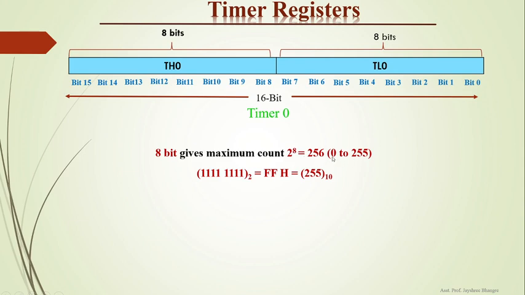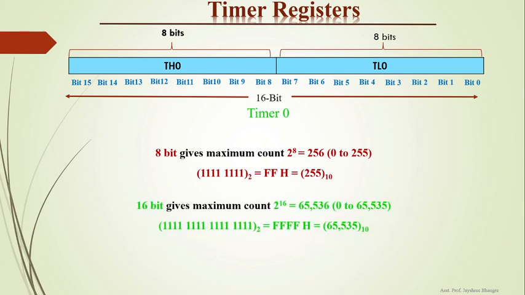That means it counts from 0 to 255. If we represent this maximum count, 255, in binary, we get 8 ones, and that is represented in hex as FFH, which is 255 in decimal. So this is the maximum count when we are using this timer as an 8-bit timer.